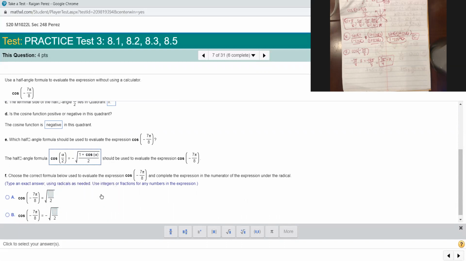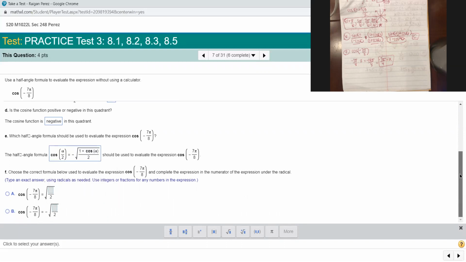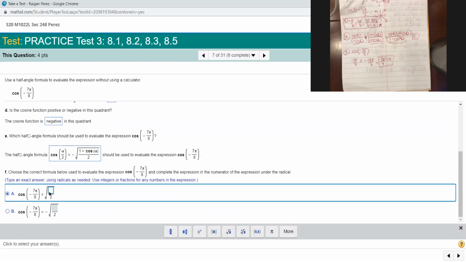So this one. So we just got to plug it in. Our alpha was negative 7 pi over 4. So basically, you just got to find cosine of negative 7 pi over 4 so that we can plug it into this formula because it's going to be 1 plus whatever we have.